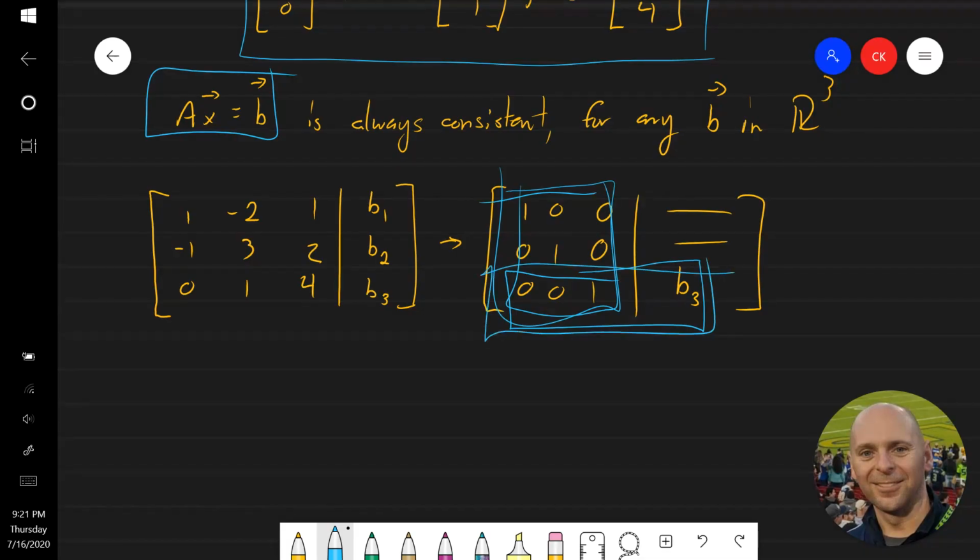Again, noting the bottom row would always be consistent for three linearly independent vectors in this size space, and effectively proves that any three linearly independent vectors in R3 will serve as a basis for R3.